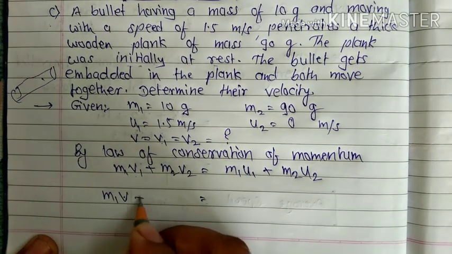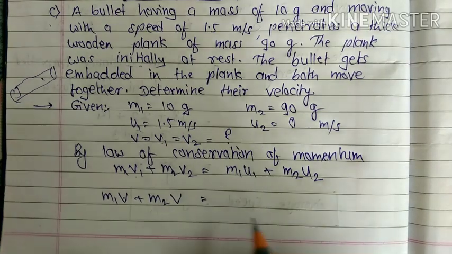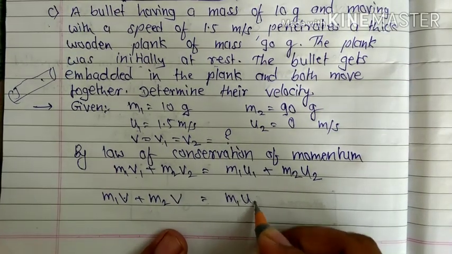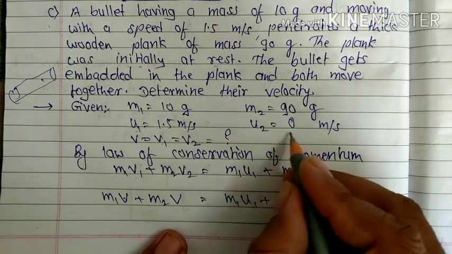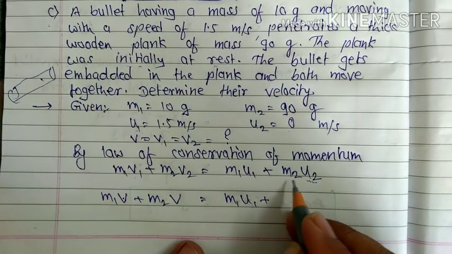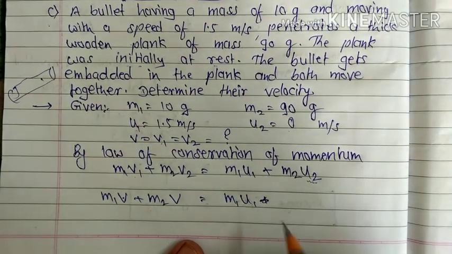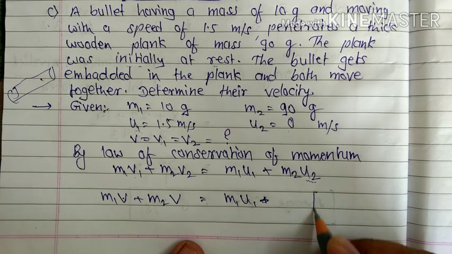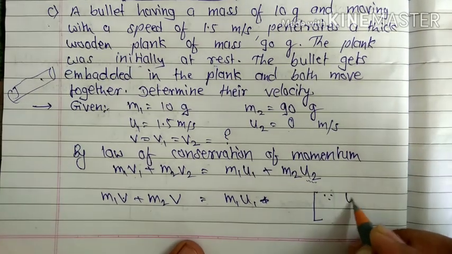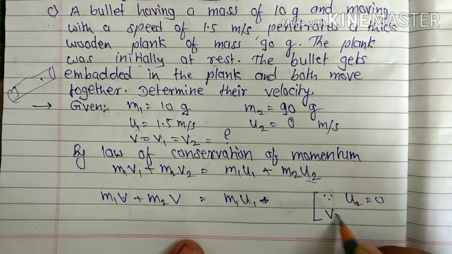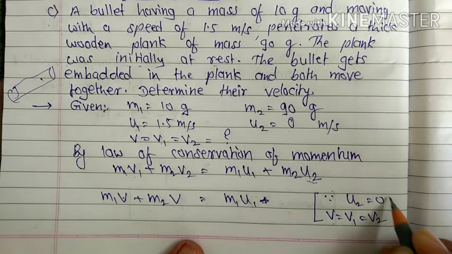So m1 v plus m2 v is equal to m1 u1 plus m2 u2, and u2 is 0. तो 0 से मल्टीप्लाई करेंगे, इट टर्म्स बिकम 0. तो मैं इसको कैंसिल कर देता हूँ और यहाँ पे मैं रीज़न लिखता हूँ as u2 is equal to 0 and v is equal to v1 is equal to v2.